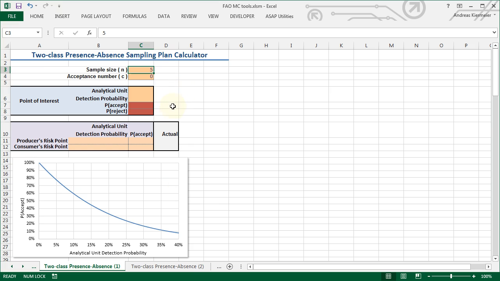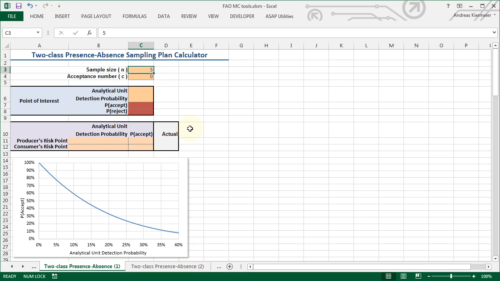Then we have an area for calculating the probability of acceptance and rejection for a particular detection probability that you might be interested in, which is why we call it a point of interest. And lastly, there is an area for specifying a consumer's and producer's risk point.